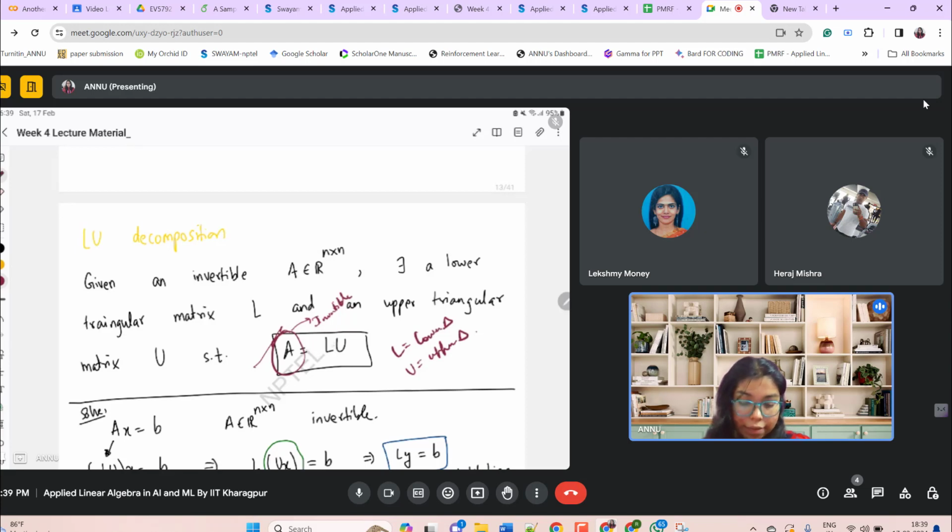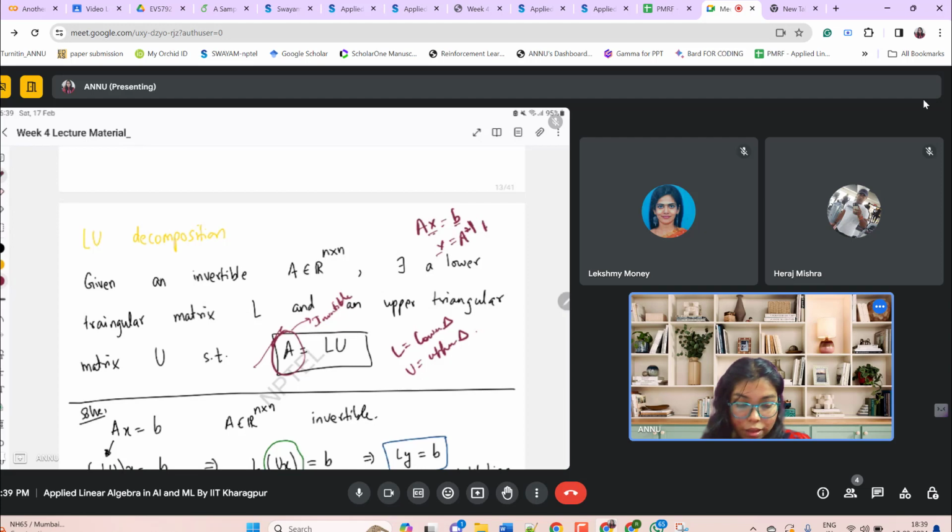What is the reason why we are doing that? The reason is that we have to simplify the solution of the system of equations. Otherwise, we will not be able to solve it by finding the inverse of a matrix. For example, you have Ax equals b and x equals A inverse b.